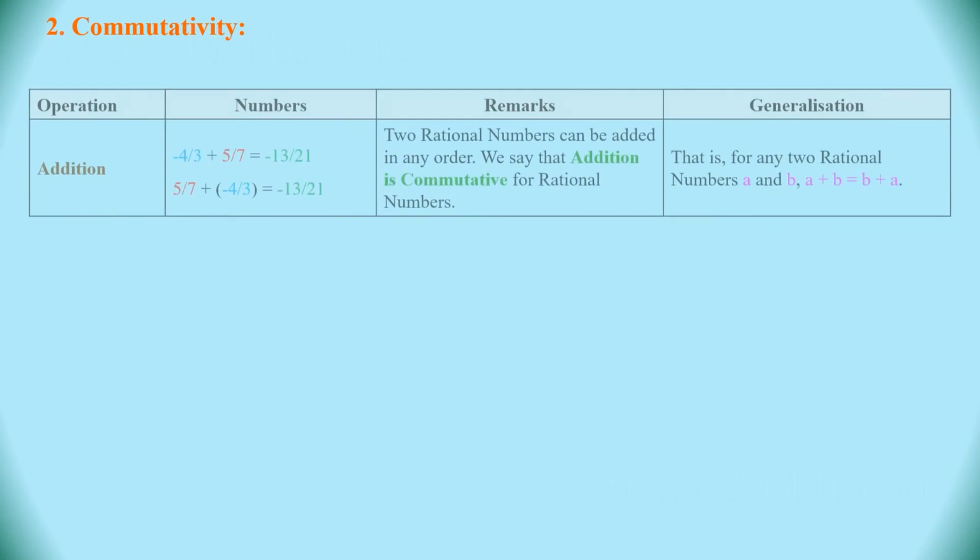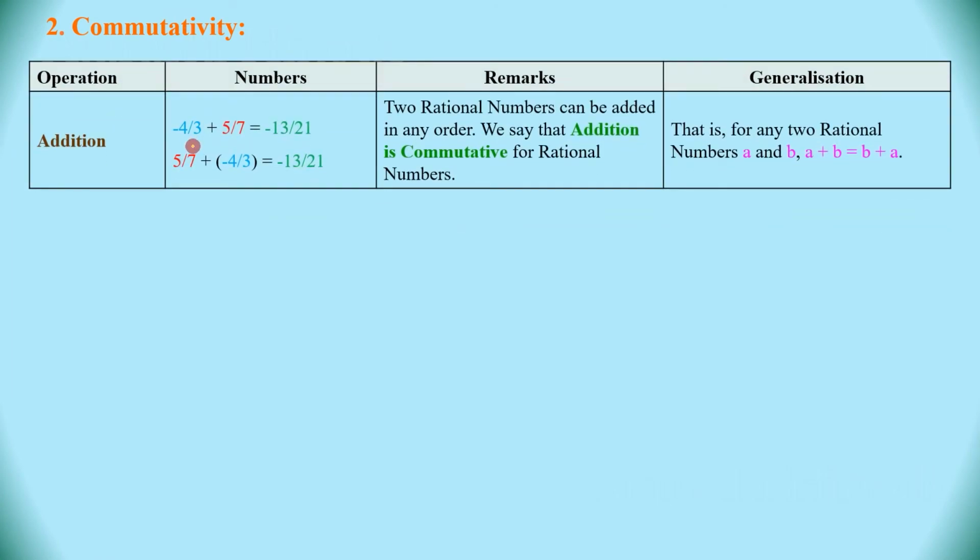Next is commutative property. When we add two rational numbers, that is minus 4 by 3 and 5 by 7, we get minus 13 divided by 21. Even after changing the order of the numbers, we get the same sum.